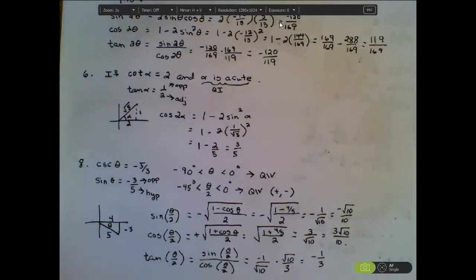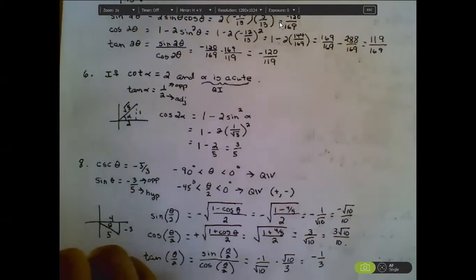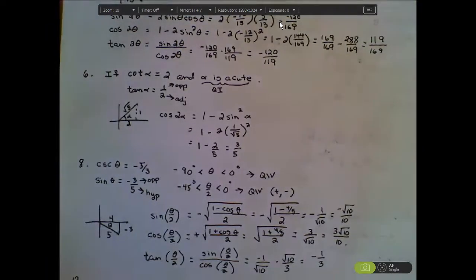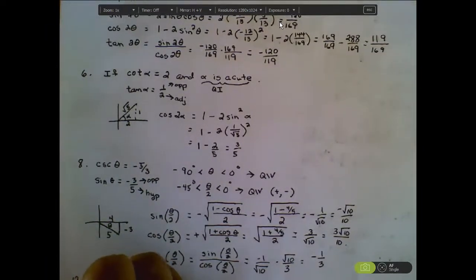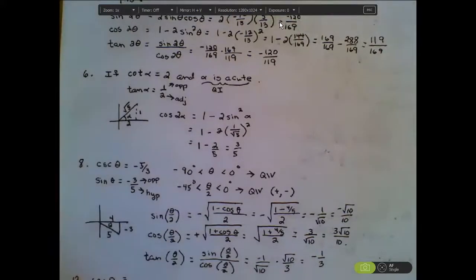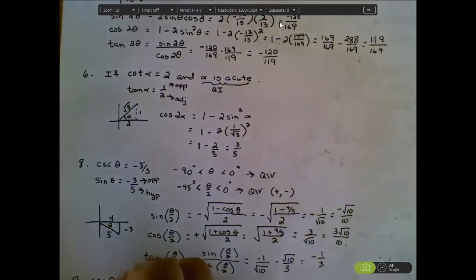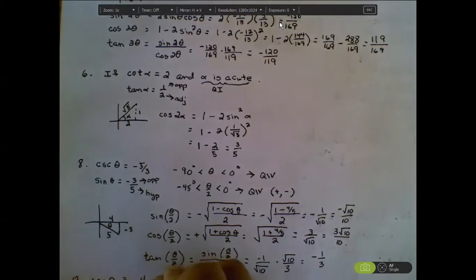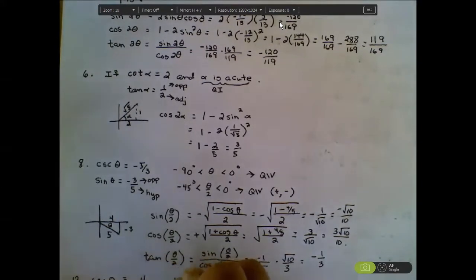Let's do number 12, which says secant of theta is negative 4, and theta is between 180 degrees and 270 degrees.